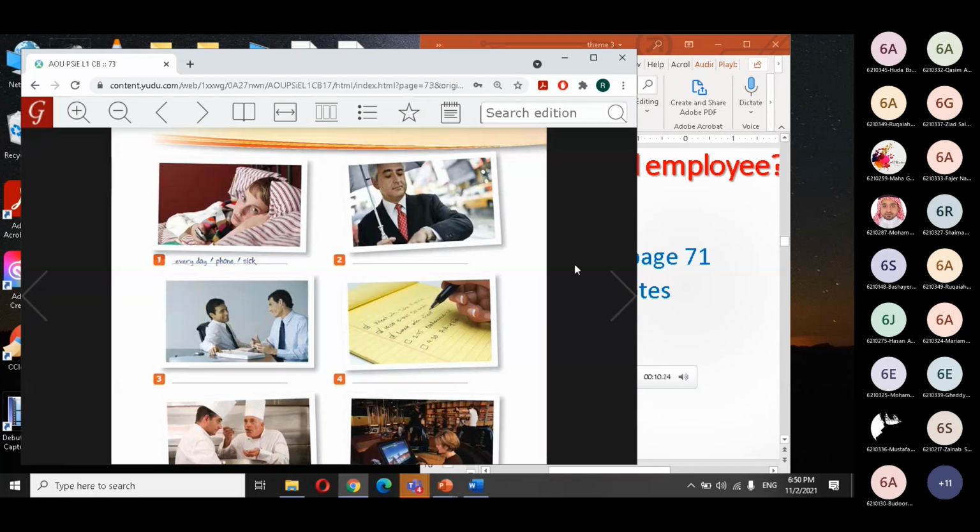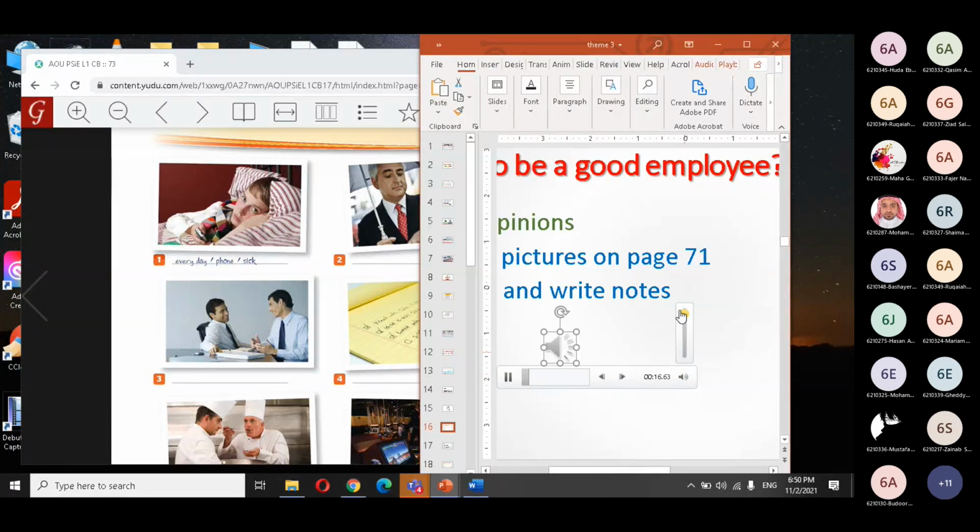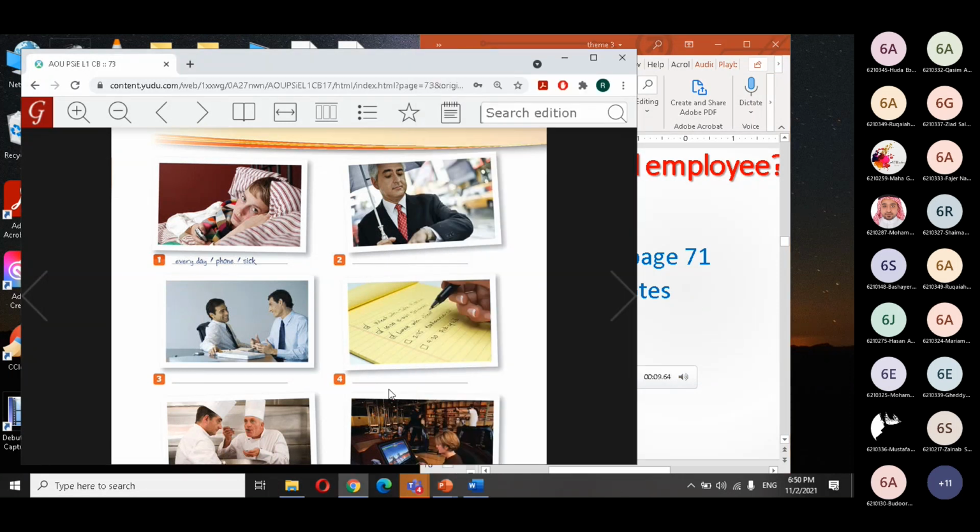How do you get a good job when you leave university? Well, here's an idea. Start thinking about it now. Change the way that you think about university.